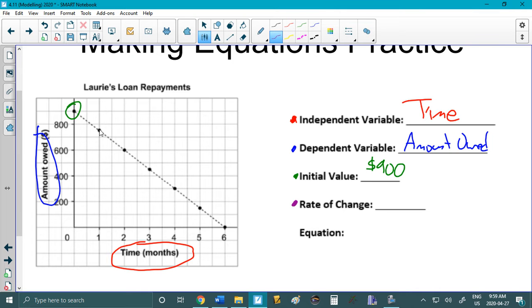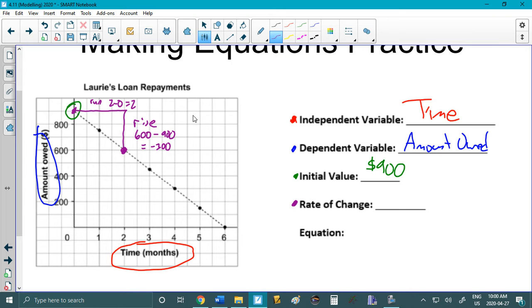So to do the rate of change, let's just pick any 2 points. So I'll pick this one, and it doesn't really matter. I'll pick this one. So to get the rise, we do the y value of the point on the right, so 600, minus the y value of the first point, which is 900, which is negative 300. And then the run, we do the x value of the point on the right, which is 2, minus the x value of the point on the left, which is 0.